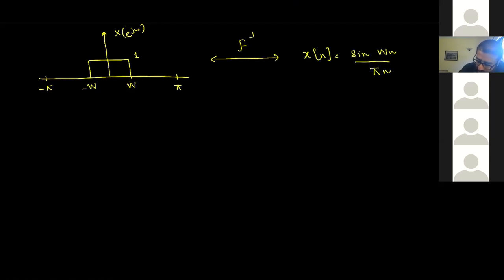And of course, w here was between 0 and pi.